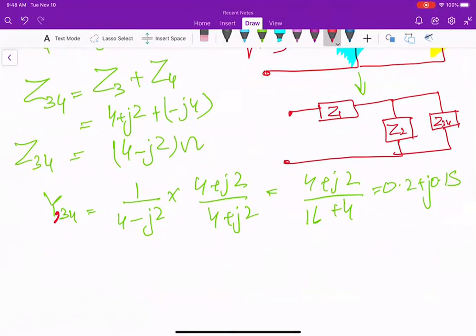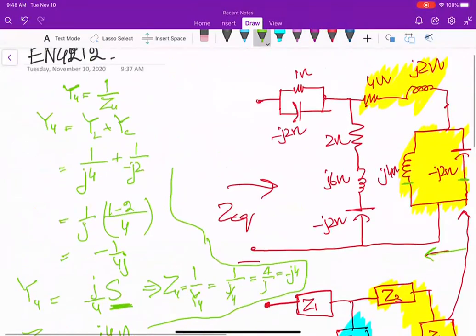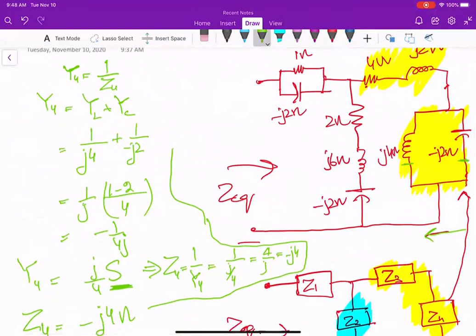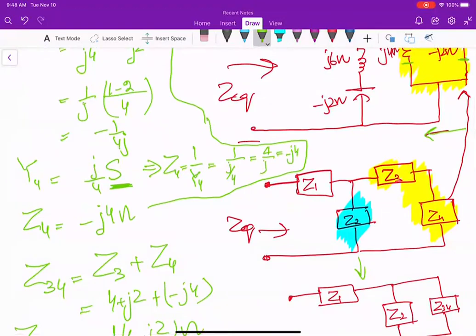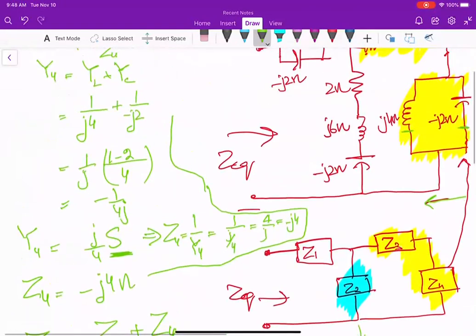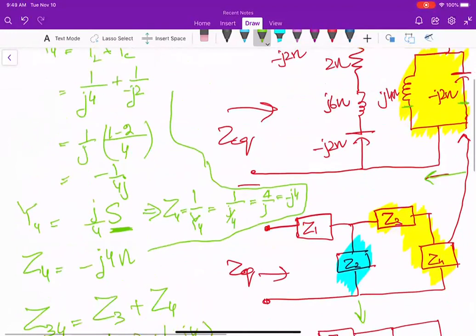So this is Y34 so far, and now I have to find Y2. First, I need to write Z2 here. So what is Z2? 2 plus 6j minus 2j. Yes, so it will be 2 plus j4.